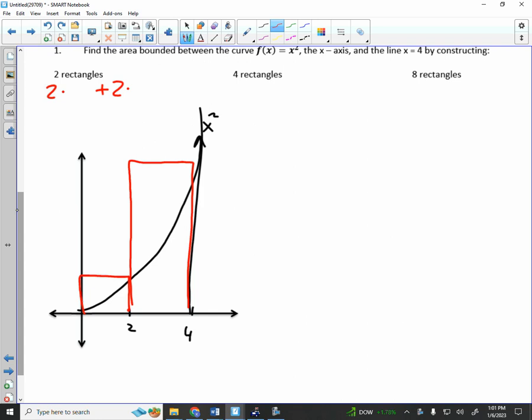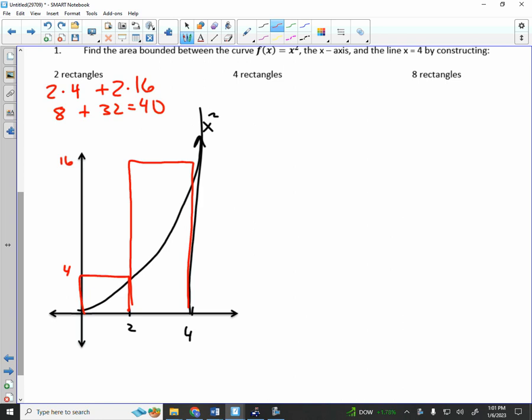So 2 squared is, so that's the height right there. It's 4 units high. What is the height of the function here? It is 16. So 2 times 4 is 8, plus 32 is 40. So 40 is a gross overestimation.